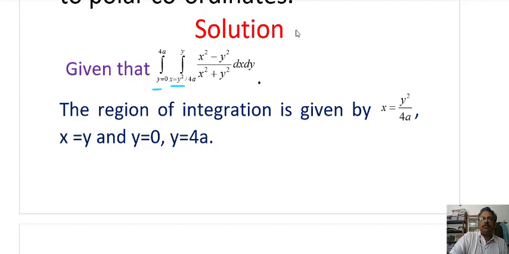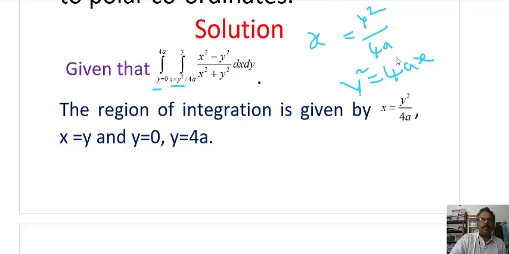x equals to y square by 4a. Rewriting the term, x equals to y square by 4a, then y square becomes 4ax.